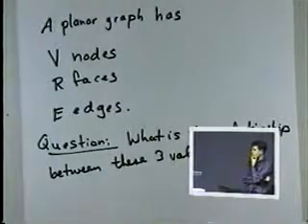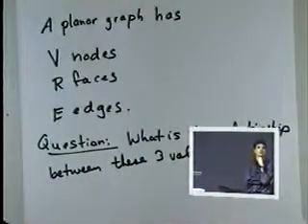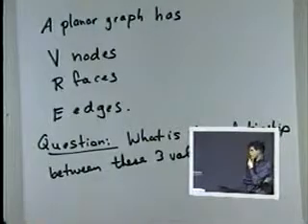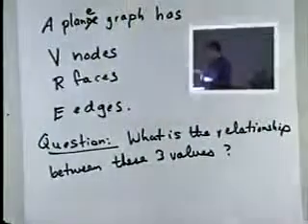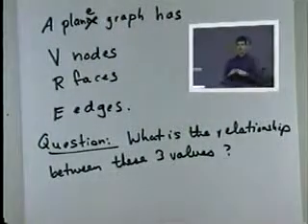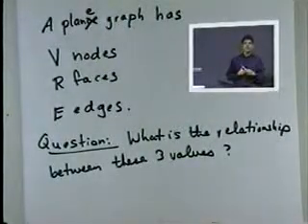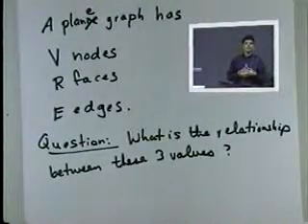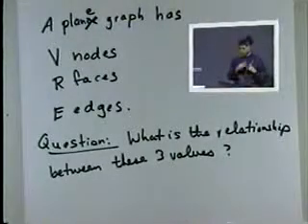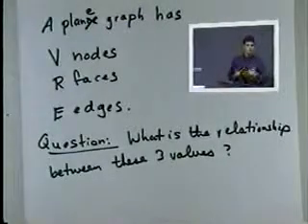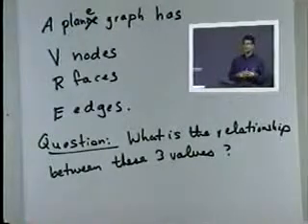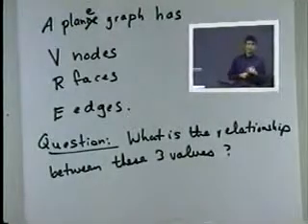What's the relationship between V and R and E? Actually, here I said planar graph, but really I should probably say plane graph, because different embeddings of a graph might have a different number of faces. Clearly every embedding will have the same number of edges and the same number of nodes, but the number of faces a priori could be different.